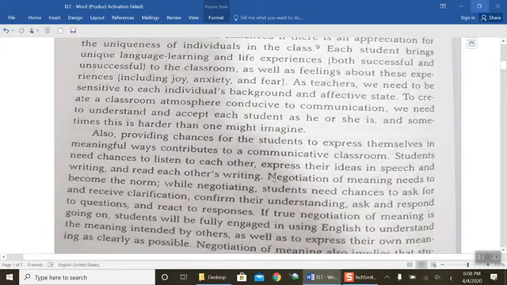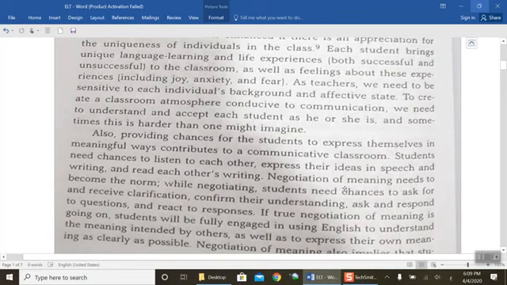They should express their ideas, and when they speak or when they write, we should give them time and chances to write and to express. For example, write an assignment. What do you think? Your opinion. Okay, and they should read each other's writing. For example, you have to read the comments, what each other say about something.